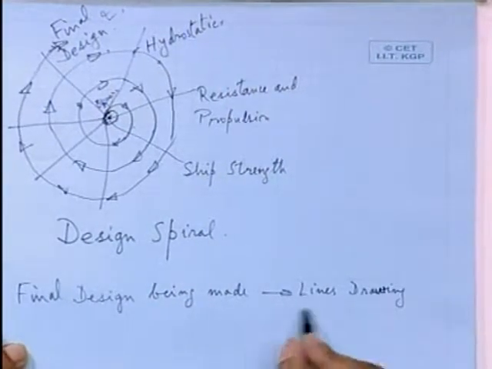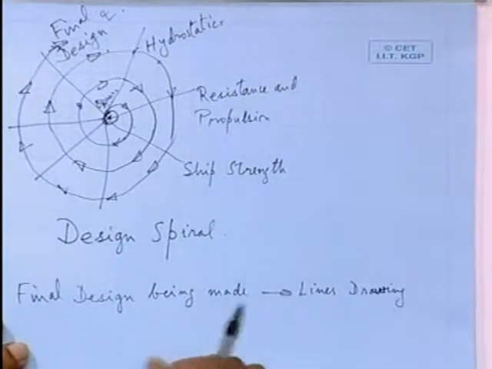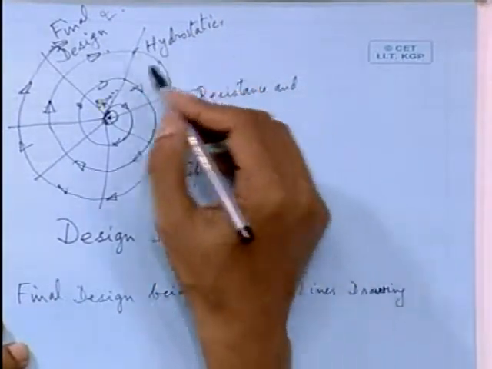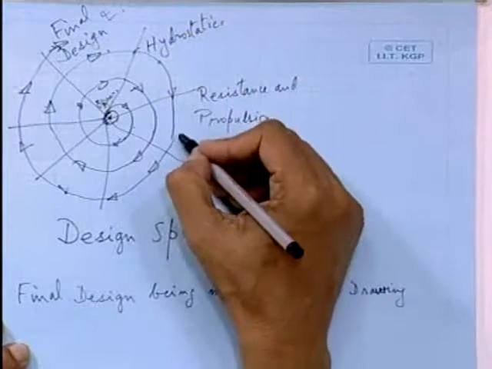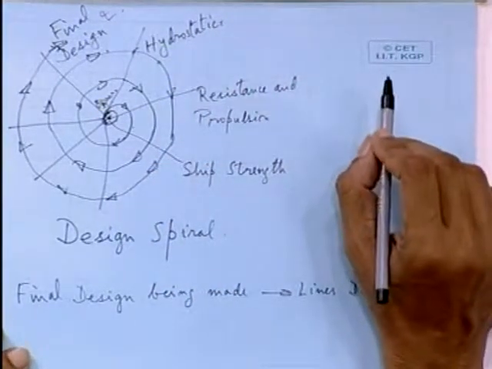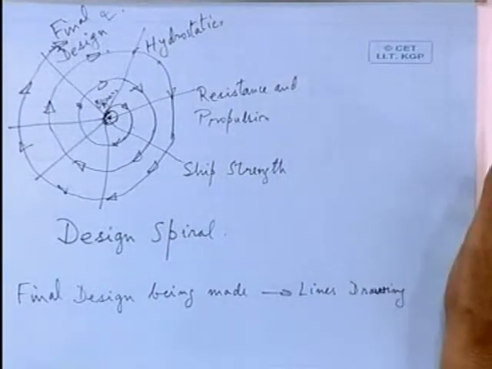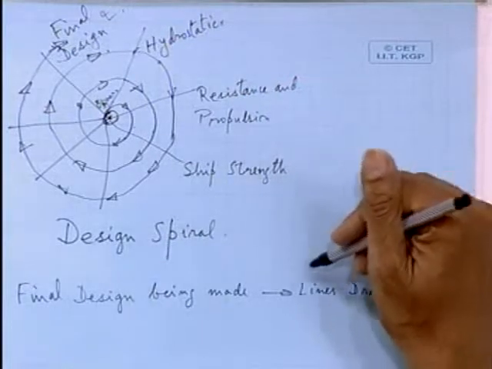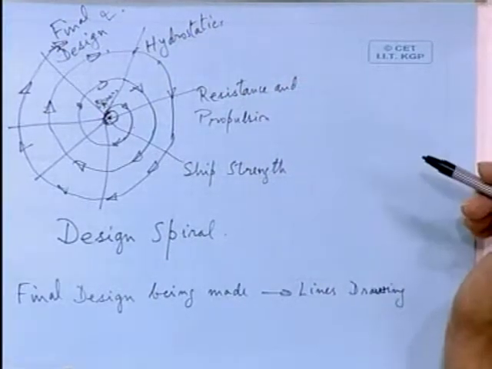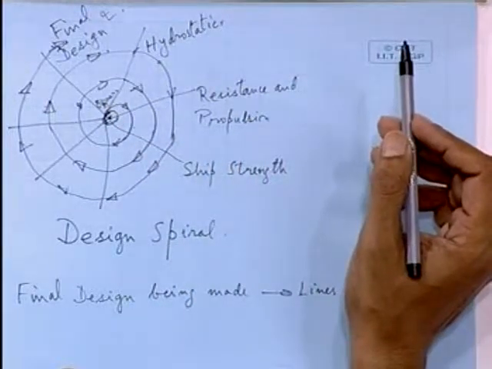So lines drawing will only come after the design has been finalized, and before that there is no point doing the lines, because the design spiral is passing through a number of iterations. That means the naval architect is not sure what best offer he can give to the ship owner. So these lines, that is your final lines that have been made, will definitely satisfy your owner's requirement with all the optimized values.